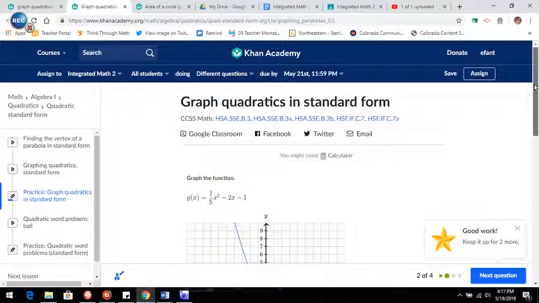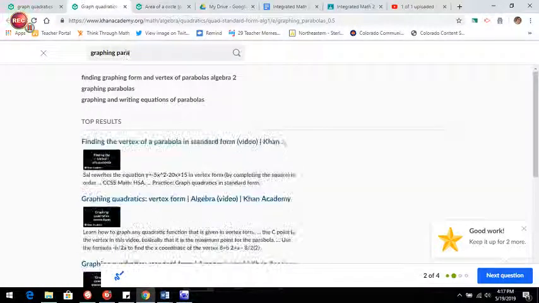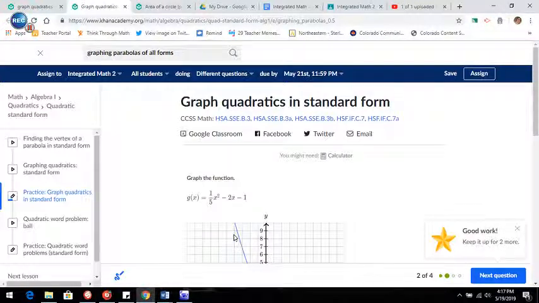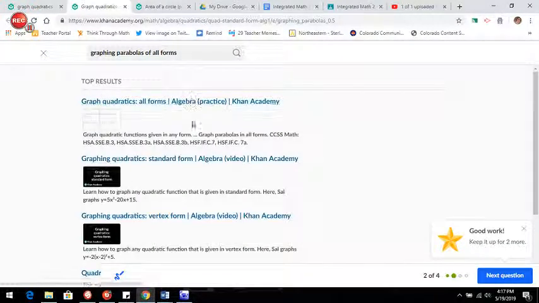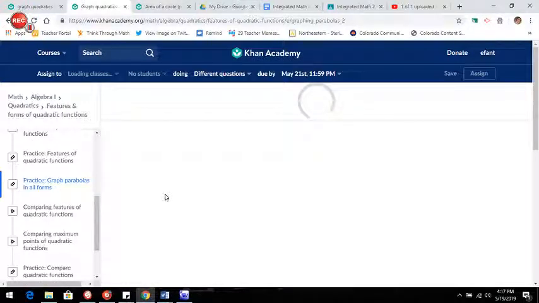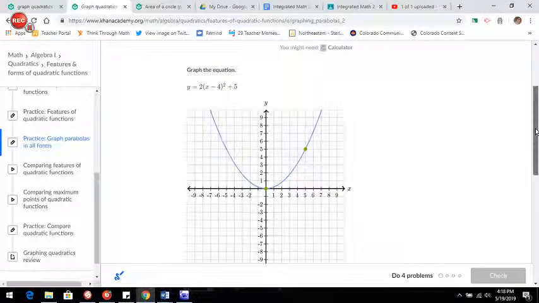Let me do graphing parabolas of all forms. Okay, if you did the shifting and transforming exercises, then this should look a little bit familiar.